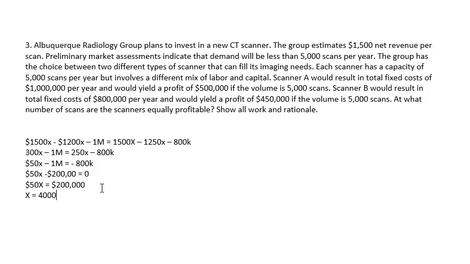It's interesting, but does that profit hold up beyond the 4,000 scans? Just as a theoretical question, that would be the next choice. Which scanner would do better for you in the long run, in higher volume areas? But we're not asking for that here. All we wanted to know was at what point they were equal. So there you go. The answer for number 3 is 4,000 scans.